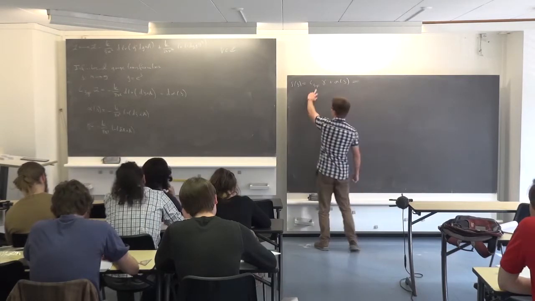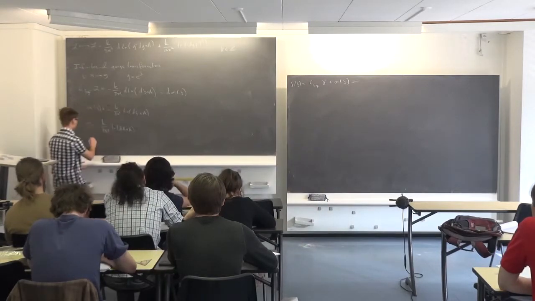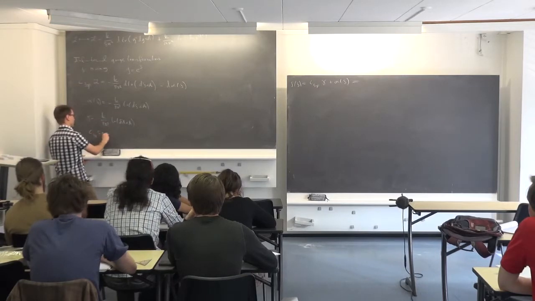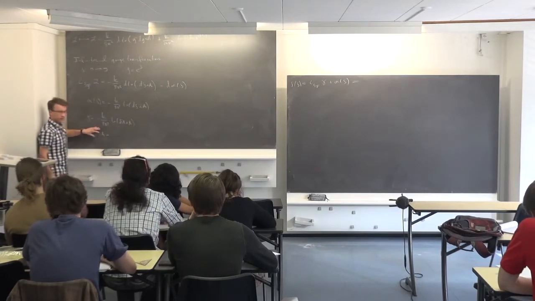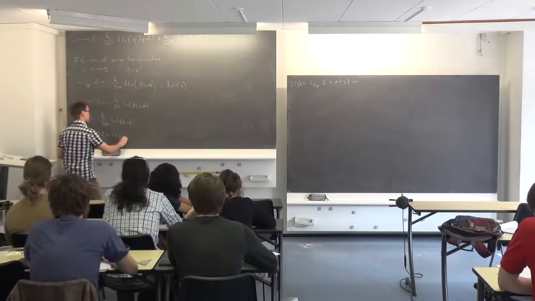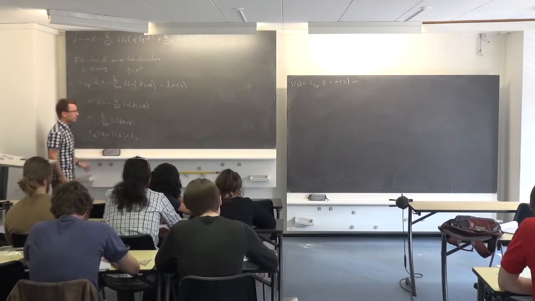Okay, so when you contract xi into delta A, I'm going to write it here. So this is the action of infinitesimal gauge transformations, and it's given by xi commutator with A plus d xi.